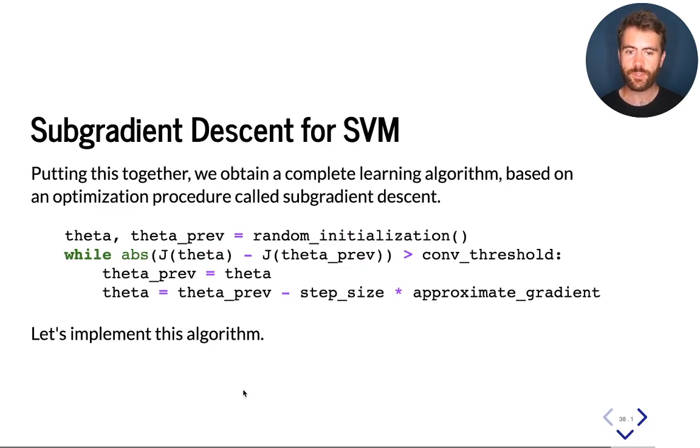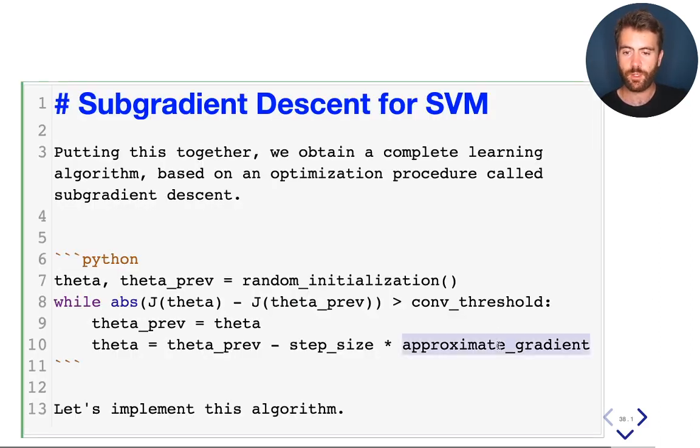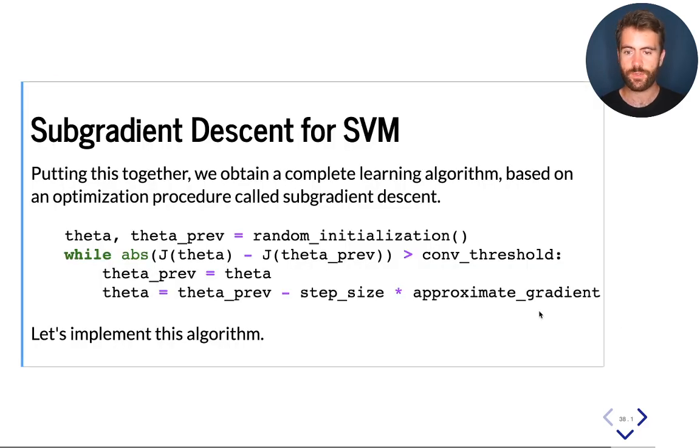And now I can use this term within our gradient descent algorithm. This is what we had earlier, except that I'm using the approximate gradient here, which is not exactly the gradient. Because of this, I am technically referring to this algorithm as subgradient descent, but it still works.